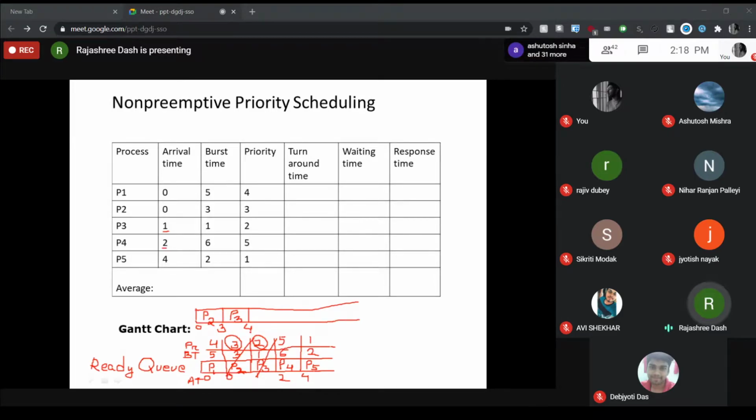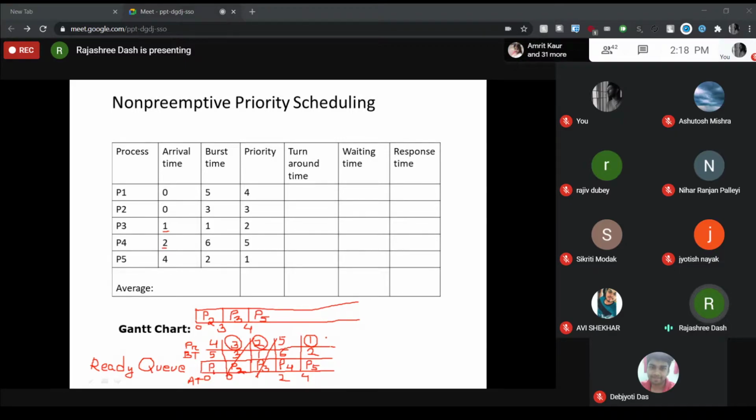Now there are 3 processes, P1, P4, P5. Which process has the highest priority now? P5, because the priority number is 1 here. That means P5 now has the highest priority. So now P5 starts its execution at time 4.